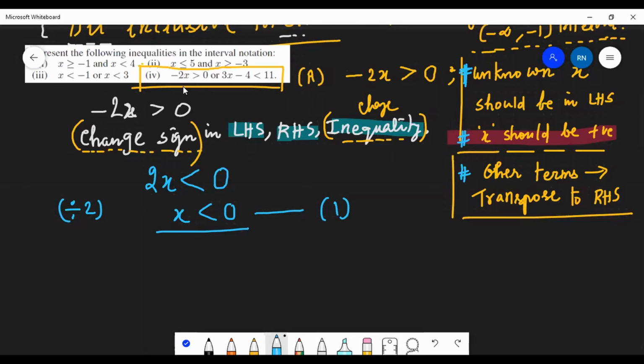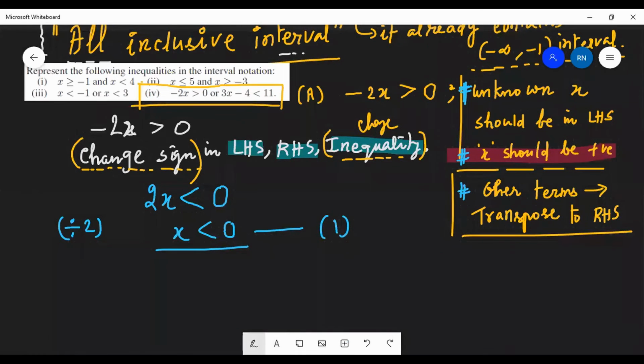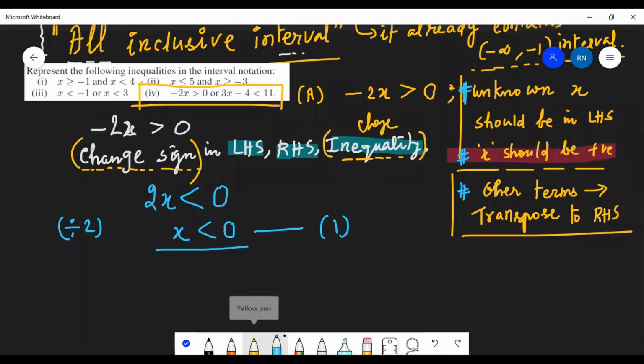Yes. So the rules: first thing you have to understand, with a negative x term on the left side, you cannot write the answer correctly. So the rule is, first of all, the unknown x must be in LHS.